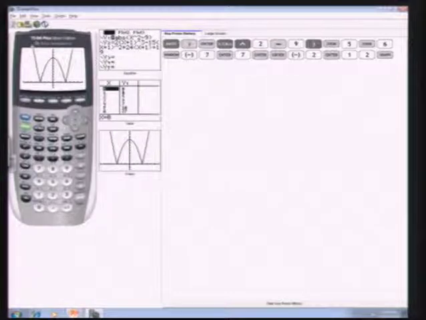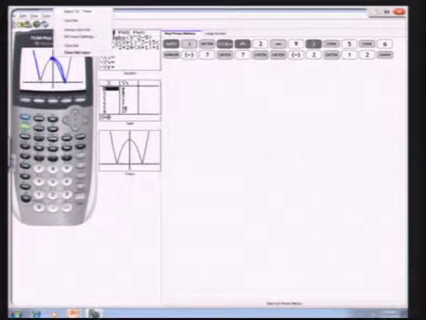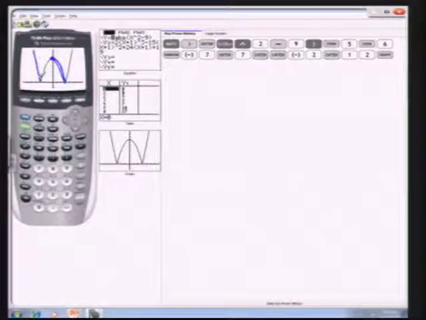So let's describe where this is increasing, decreasing, or constant. So looking at this, I would say that we are decreasing right here and right here. So we need to know our ordered pair here, or at least the x of it. And right here we need to know that x, and right here we need to know that x.